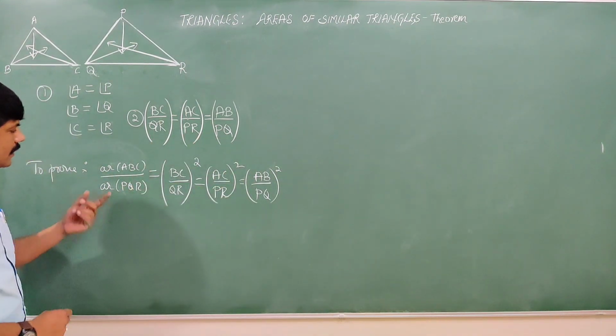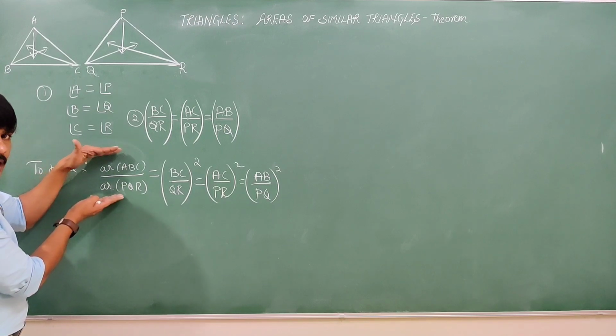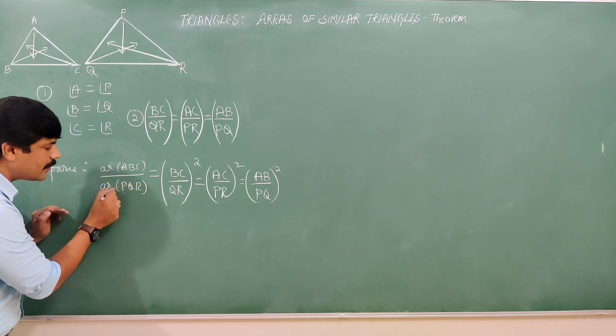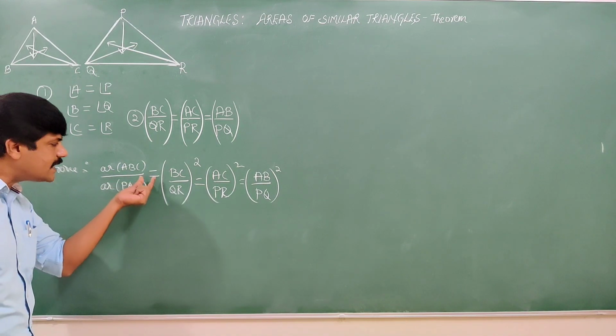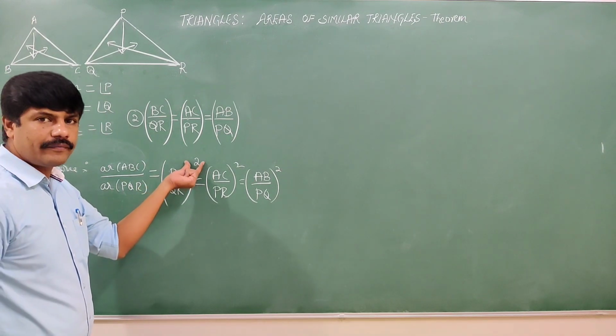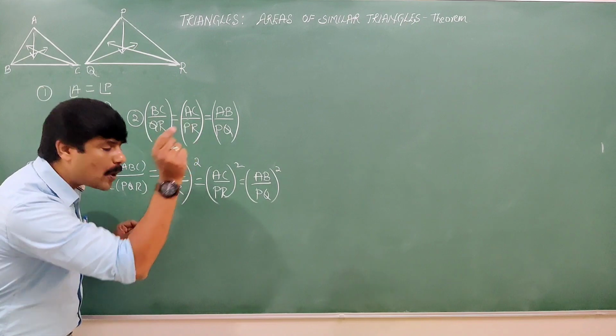Complete statement: the ratio of areas, means area of ABC divided by area of PQR, is equal to the square of the ratio of corresponding sides.